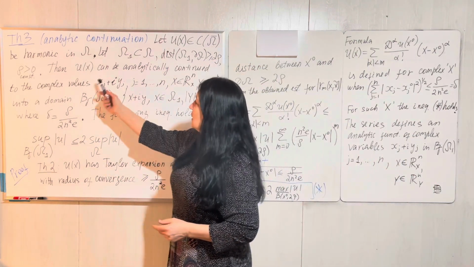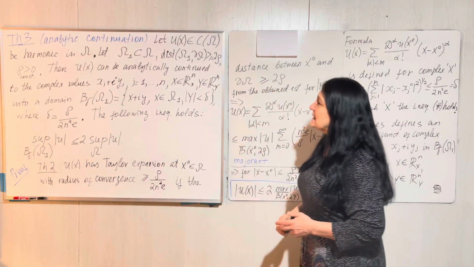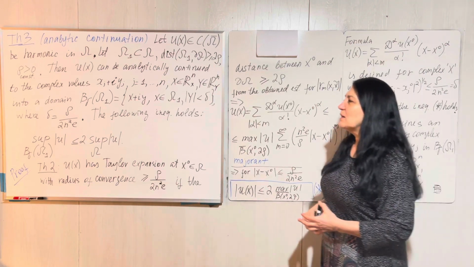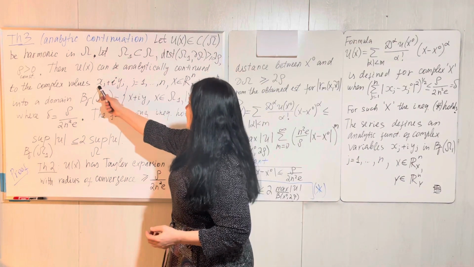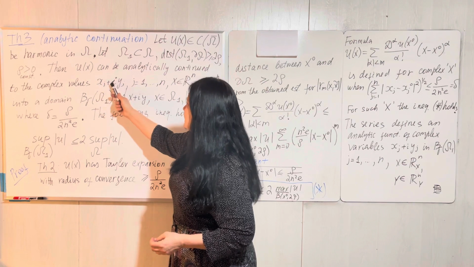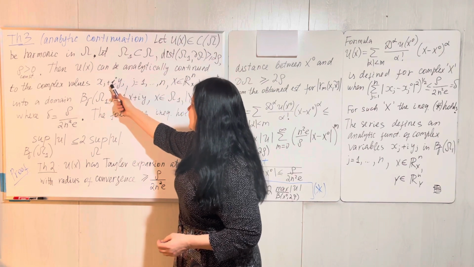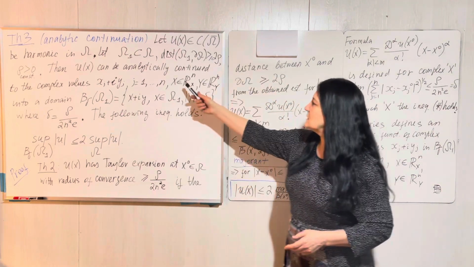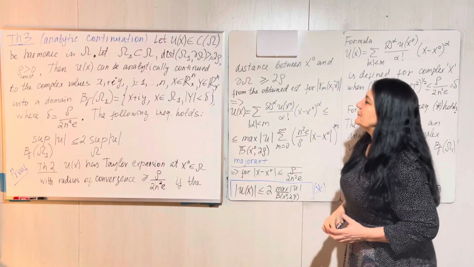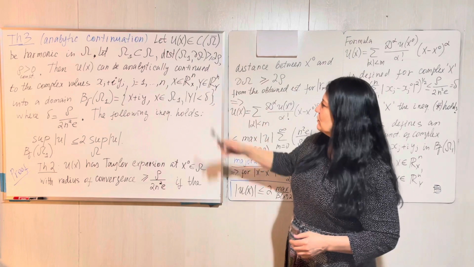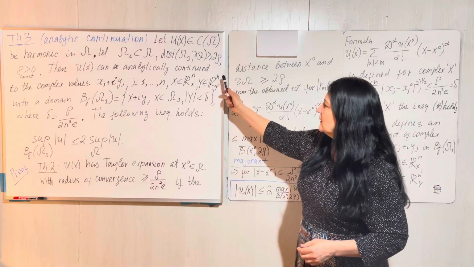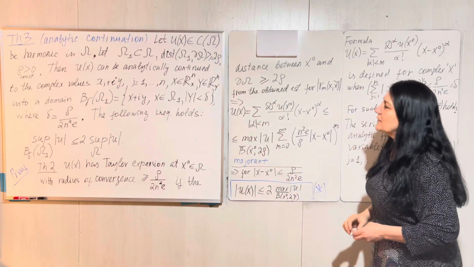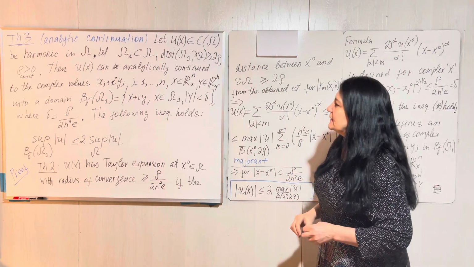And then u can be analytically continued to the complex values when we take every x and xj and add to it i yj. x is our real vector, y is also our real n-dimensional vector.